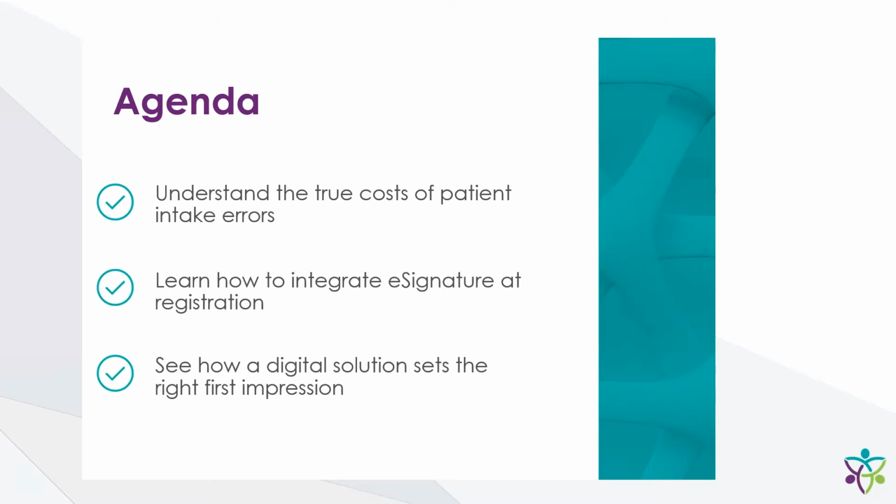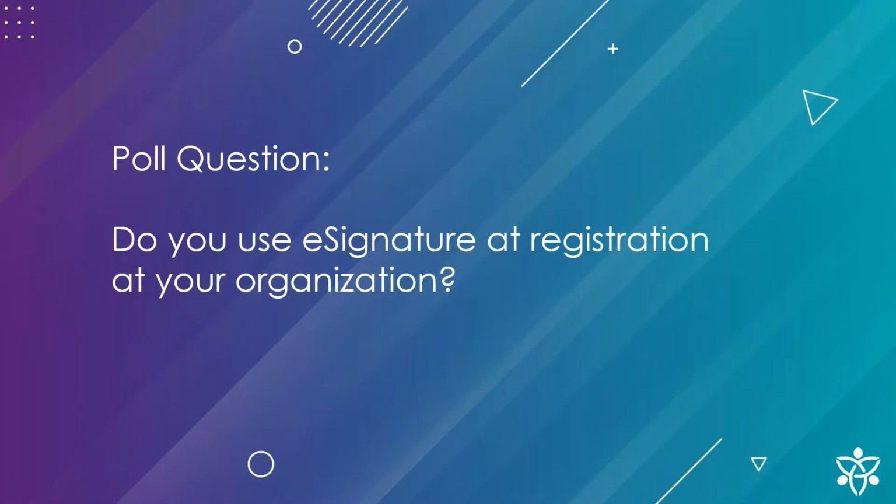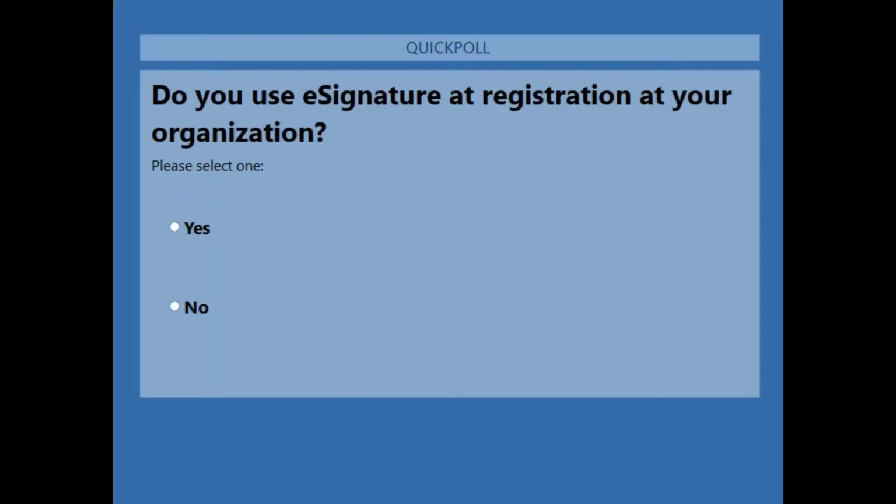So before we jump in, I want to do a quick poll of the audience and see how many of you are using e-signature at registration today. So I'm going to hit launch here, and you should see the poll pop up on the screen. And if you can just click on yes or no, I'm going to watch the tally here and give it just a second or two more until we've got our full percent here, and then we'll close it out.